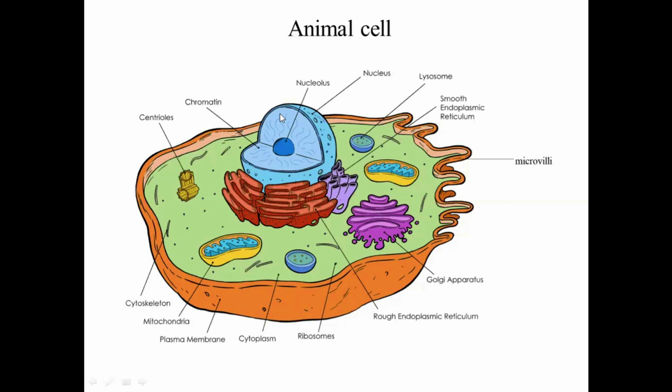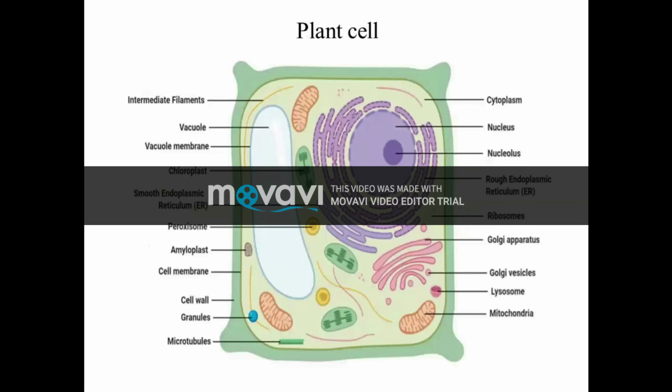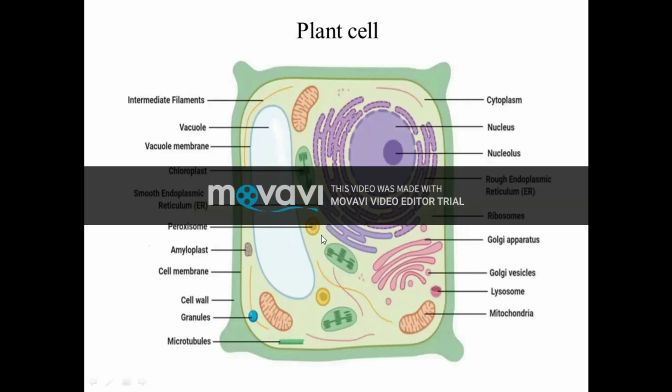If it is very small, you can say it is a vesicle. If it is large enough, you can say it is a cell vacuole. So here you can observe this is the large structure, that is why we say it is the vacuole, and this is the small structure which you may say is the vesicle. If such a vesicle is present inside the cell, it contains various chemicals as well as various waste products.